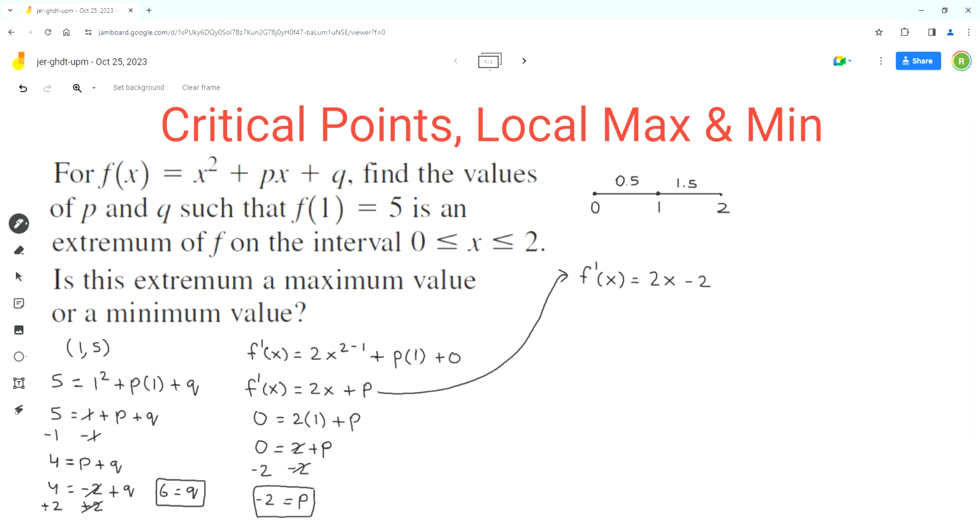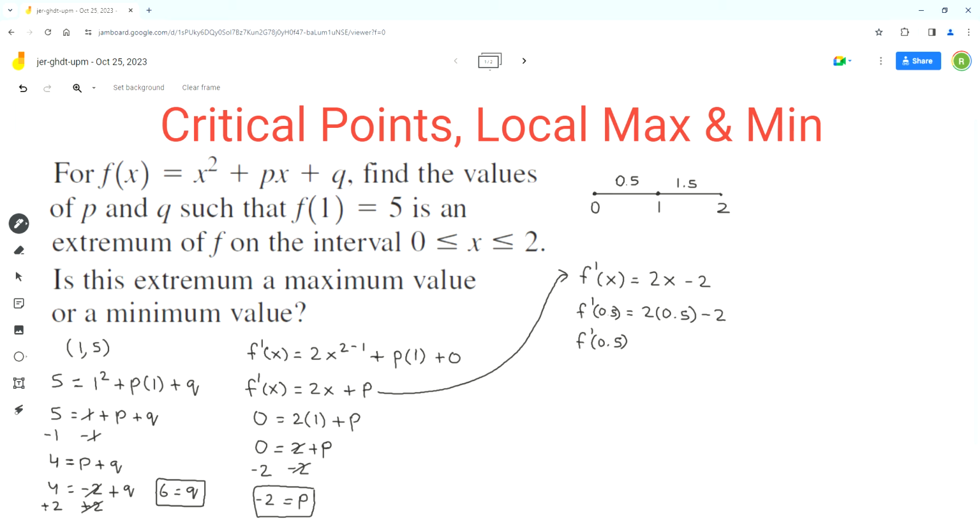Now we'll sub in x as 0.5. So f'(0.5) equals 2 times 0.5 minus 2. Sorry, now it's not x, it's 0.5. Now we can simplify this expression.